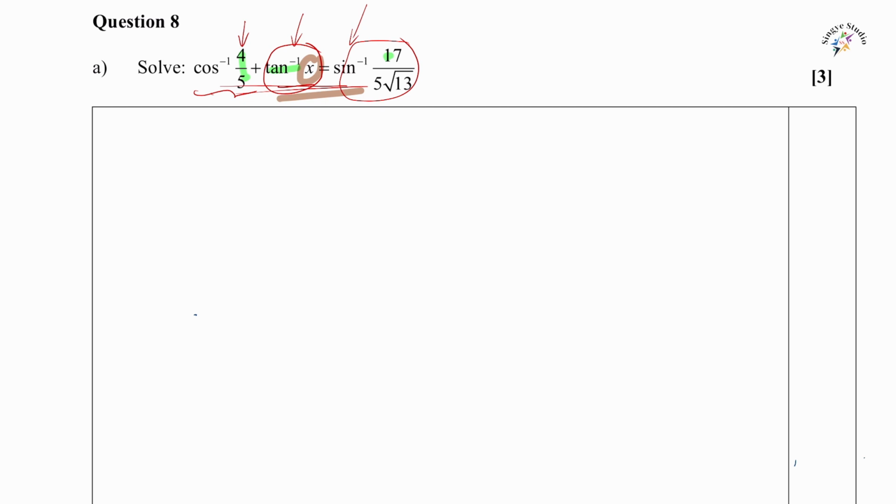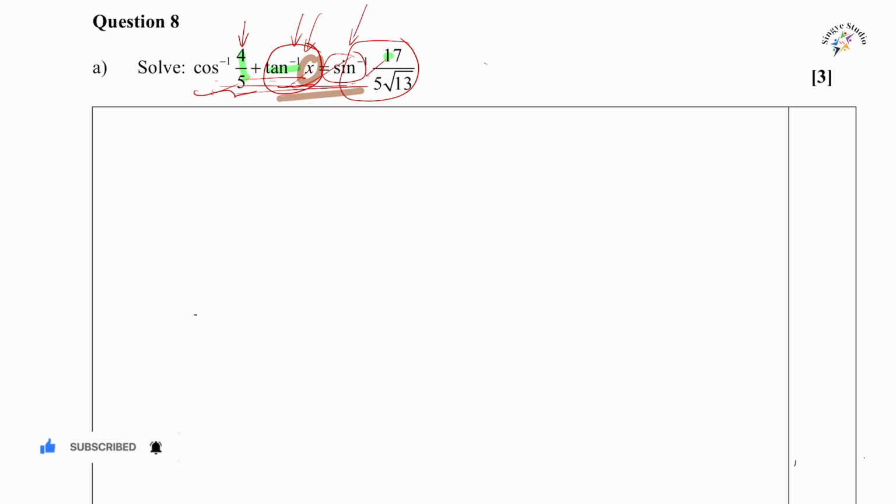Like first you try to convert all this into cosine and see whether it becomes complex or easy, then you try to convert to tangent inverse, then try to convert to sine inverse, because this question is designed in such a way that in one format, either tangent inverse or cosine inverse or sine inverse, the equation should be very easy. Therefore you have to check whether any of these changes will make your work easier.